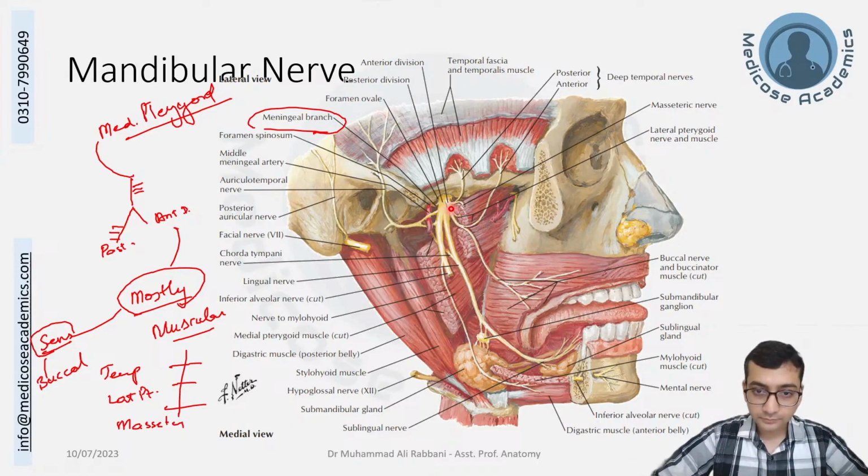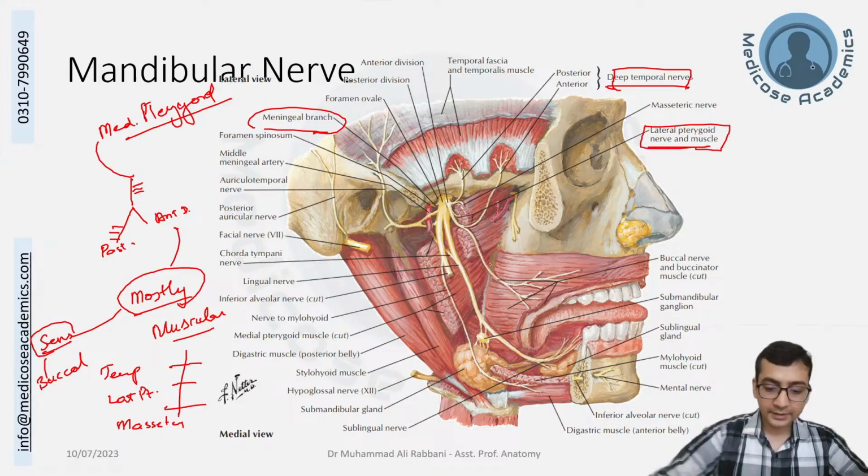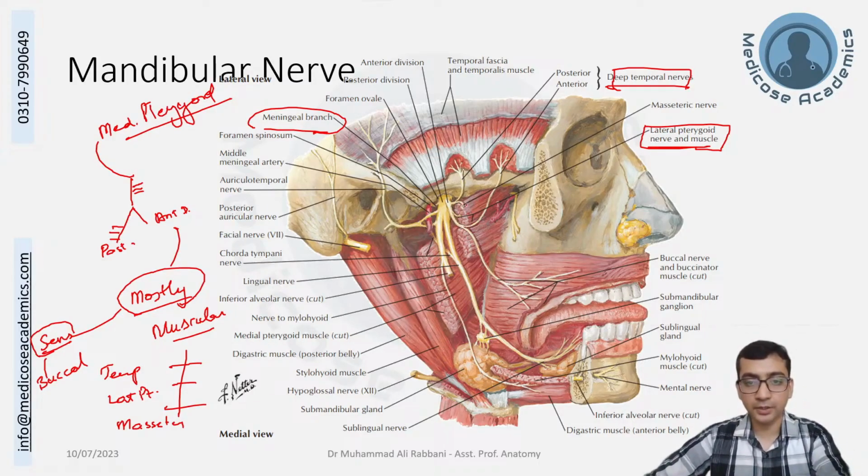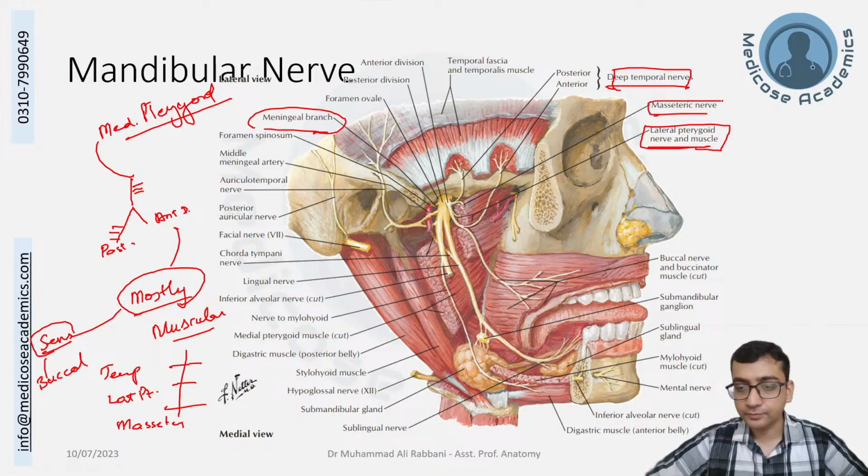The one supplying the lateral pterygoid is a very small nerve, originating and just supplying the muscle, the lateral pterygoid nerve. So we did the deep temporal nerve, we did the lateral pterygoid nerve, and then the third motor nerve is shown in the cut section right here at this point. This is called the masseter nerve.